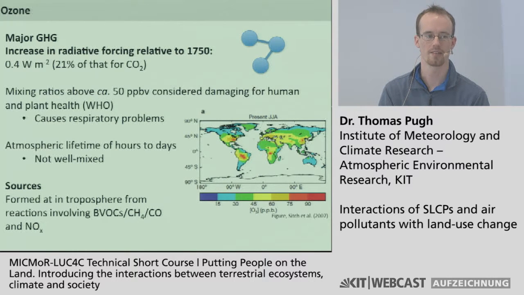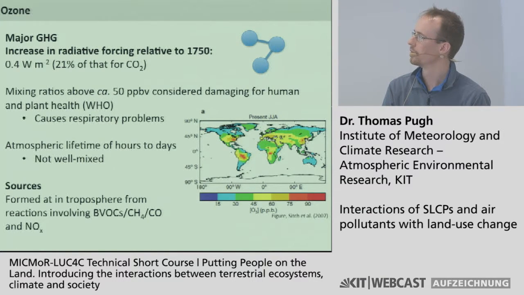Ozone is one of the gases that's been shown to have significant respiratory effects, and of course it's correlated with quite substantial levels of mortality when the mixing ratios reach a high level. So the World Health Organization defines a level of 50 parts per billion, with anything above that being considered damaging for human health.